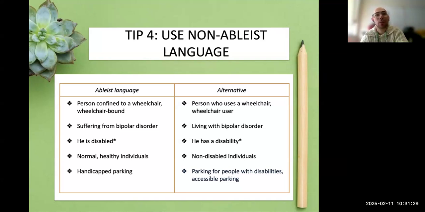Everyone's experience with, say, disability is different. So the more we're able to use "a person with a disability" and the alternatives, the accessible words, the more accepting it is, and the greater respect we have for the population that our content's target audience is.